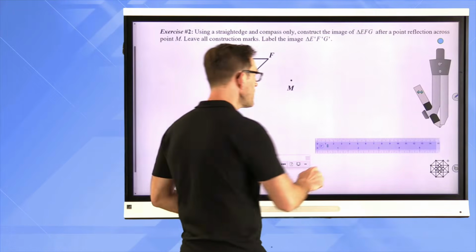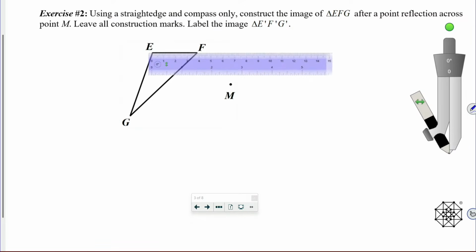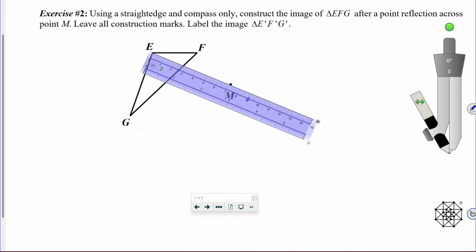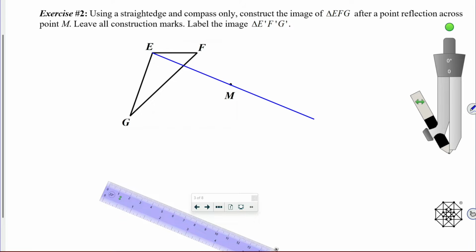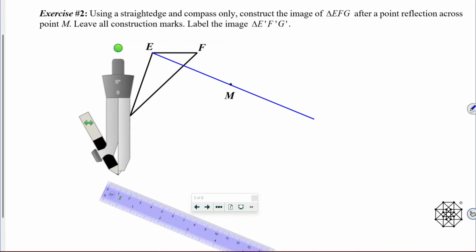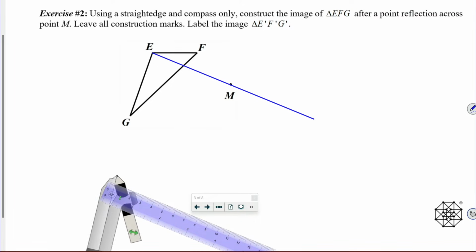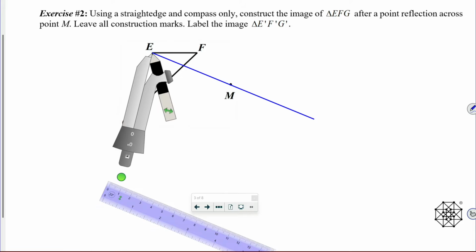So again, I'm going to just bring my straight edge up. I'm going to draw a line segment that passes through E and M. All right, and I want to make it long enough that then it's going to have E prime on it. Okay, I think I have to actually maybe bring this thing upside down.